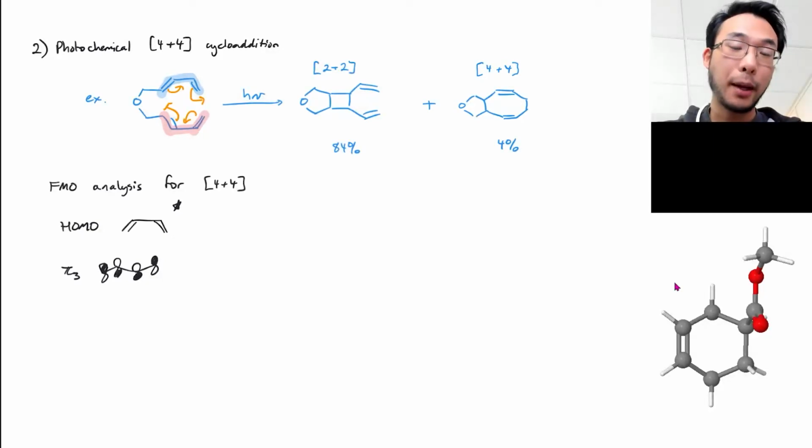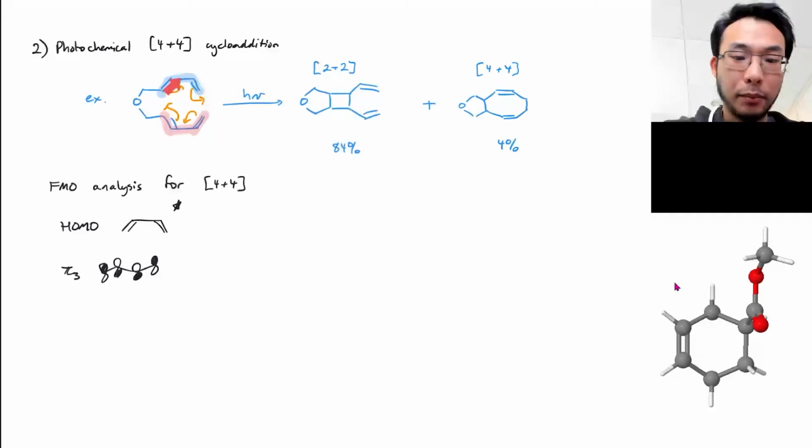Since we're under photochemical conditions, one of our pi systems will be in the excited state. So not both of them, just one of them will be in the excited state. And for us in this reaction, both sides are the same. They're both just kind of butadiene-like pi systems, so I'll just use butadiene here. So our HOMO in the excited state is now this pi molecular orbital, which is the pi 3.